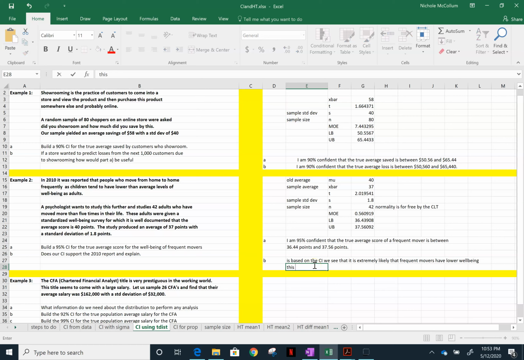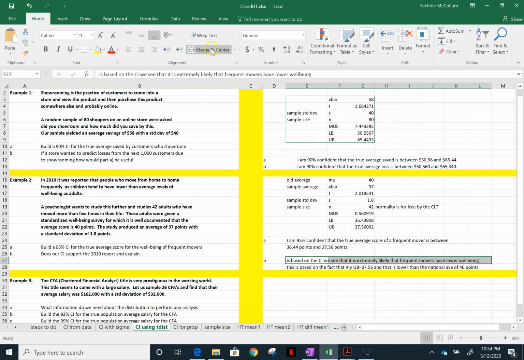This is based on the fact that my upper bound equals 37.56, and that is lower than the national average of 40 points. Please notice, my confidence interval does not contain that national score.